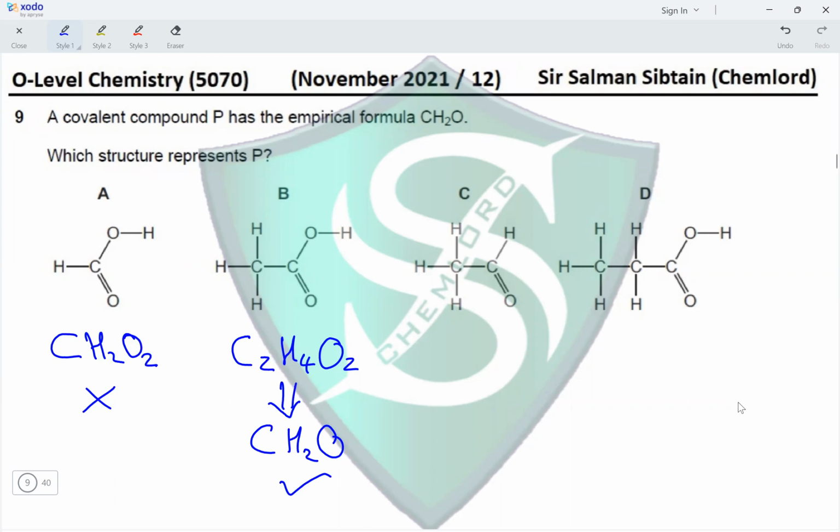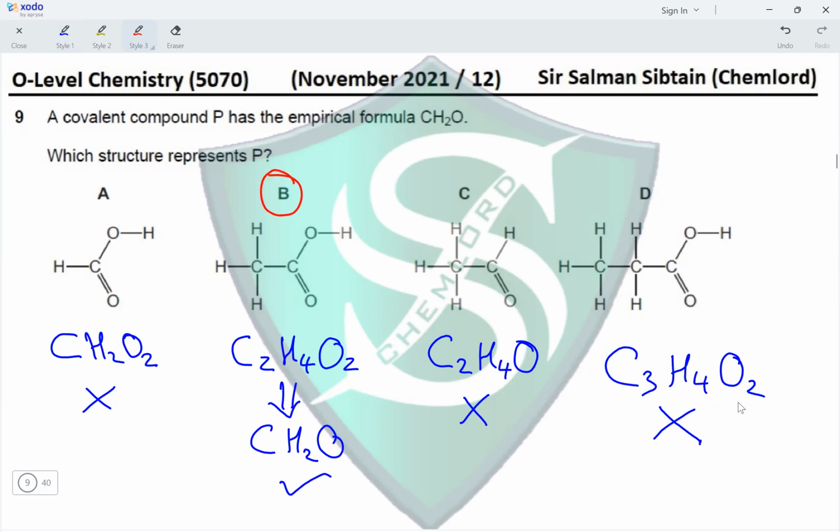C, we've got two carbon atoms, four hydrogen atoms, and one oxygen atom. This cannot be simplified further, so this is wrong. And for D, we've got three carbon atoms, six hydrogen atoms, and two oxygen atoms. Because there is an odd number of carbon atoms present, this cannot be further simplified, so that makes option D incorrect as well. So as a result, option B is the correct option for this question.